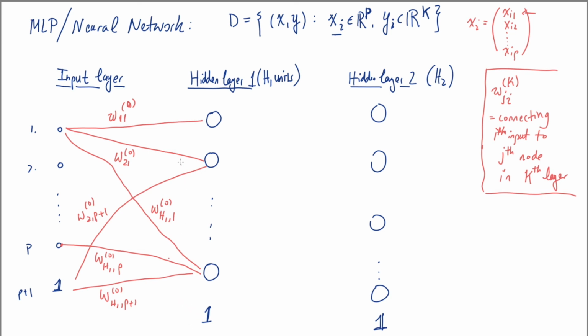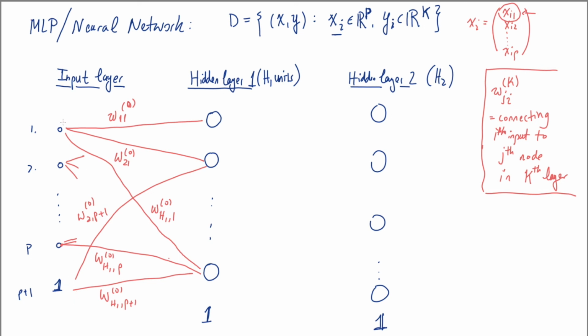Okay, so what does this tell us? Well, it tells us that the first feature, xi1, gets connected to every single node in the next layer. So you see how it's getting passed to every single node in the hidden layer 1. Similarly, the second feature gets passed to all of those. The pth feature gets passed to everything, and the bias gets passed to everything as well.